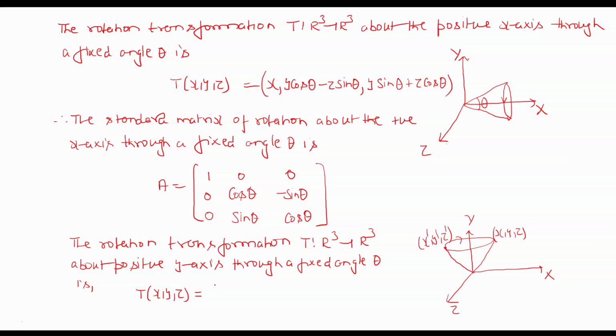So it will become, there is no change in y, so y will remain as it is. After that y, you should write the component of z first, like here.